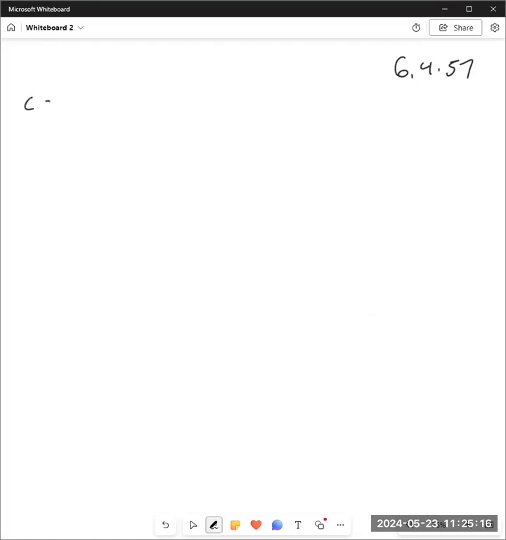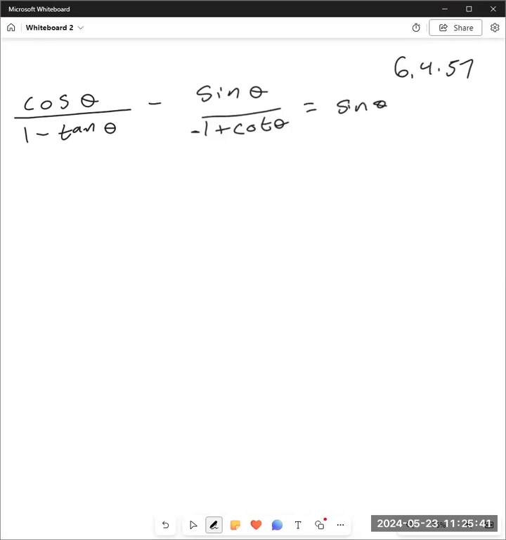So cosine theta over 1 minus tan theta minus sine theta over 1 plus cotangent theta. This is minus a minus 1, excuse me, cotangent theta, like that, is equal to sine theta plus cosine theta. So you see we don't have a single term over there on the right-hand side.